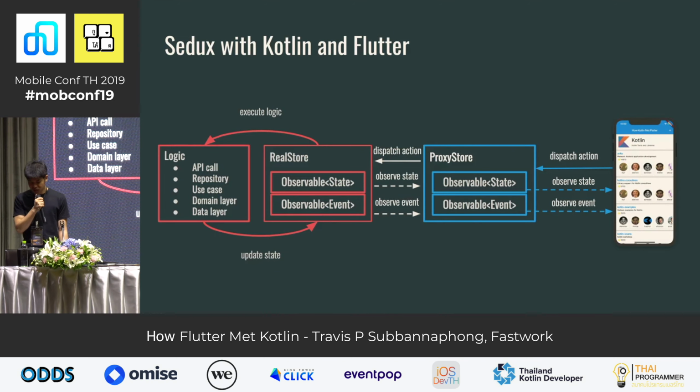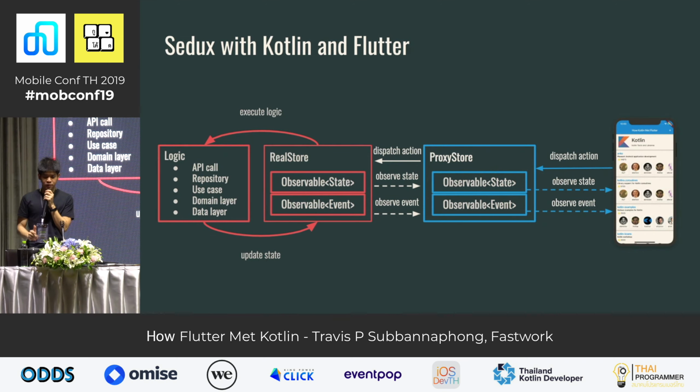So what happened is when the UI dispatches an action, it would dispatch to a proxy store. There's no real actual work being done here. It would get forwarded to the real store on the Kotlin side, and everything happens. And then the state got updated and propagates back to the UI.